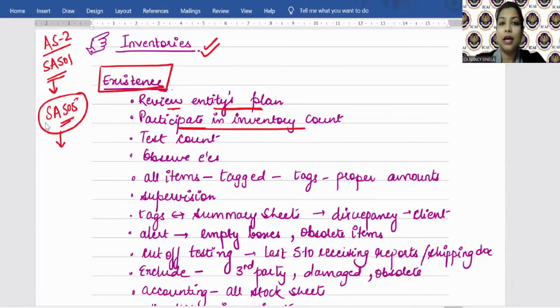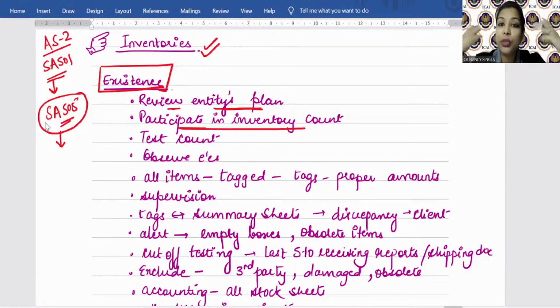When the inventory counting is done, the personnel take down notes and make stock records, the inventory records. So the auditor will see whether that has been done or not. When the inventory has been counted by the personnel, there is someone from management who supervises the process. So the auditor will verify whether there is appropriate supervision or not, right?